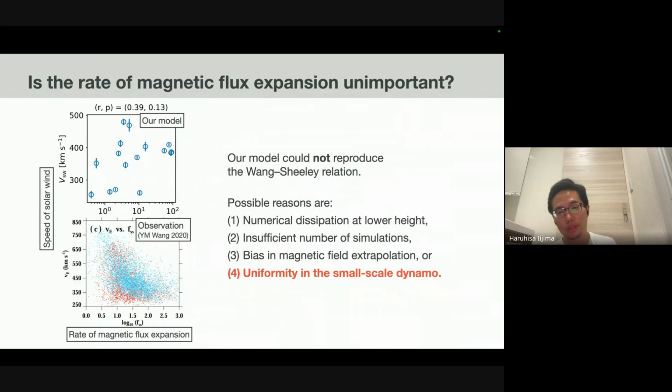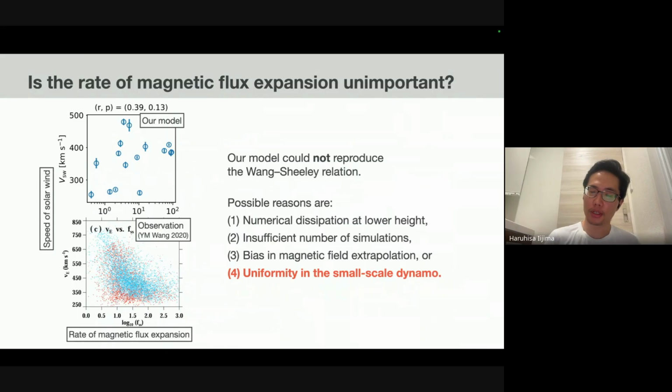And also, we have carried out an insufficient number of simulations. We have only 16 simulations, and this number is very small to fill in the four-dimensional parameter space. So of course, the number of simulations also matters. And also, there may be a bias in the magnetic field extrapolations, I guess.